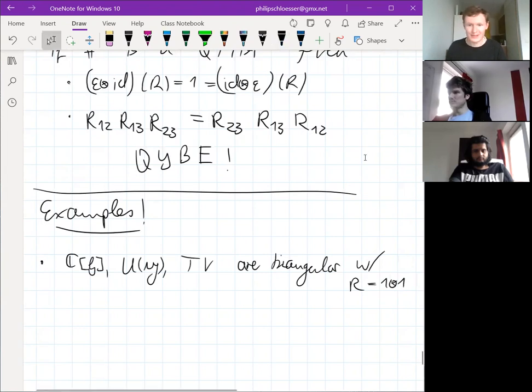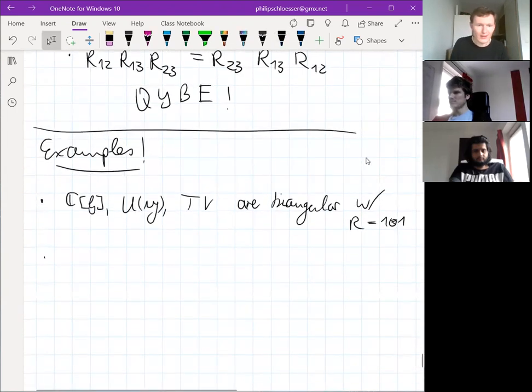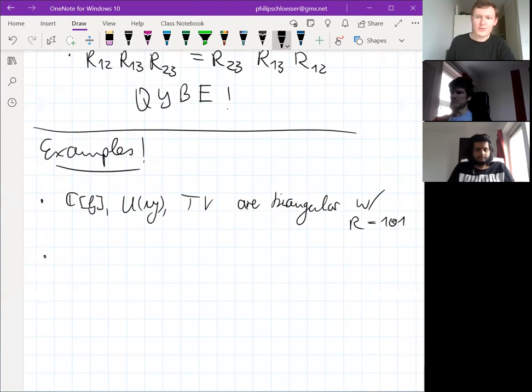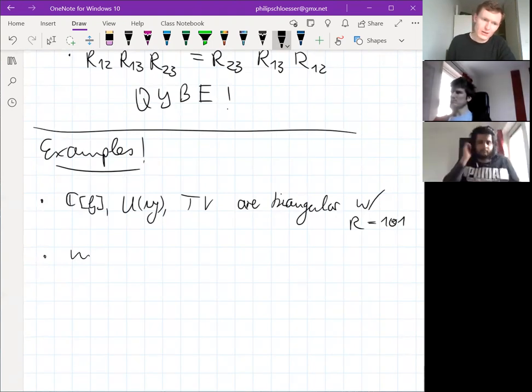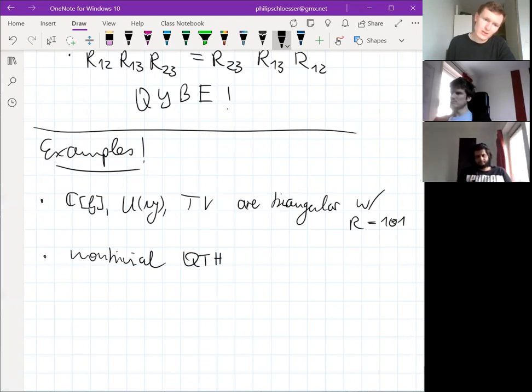Boring. But there is also an example where we can put non-trivial quasi-triangular Hopf algebra structures on these things. For example, a non-trivial QTHA structure.